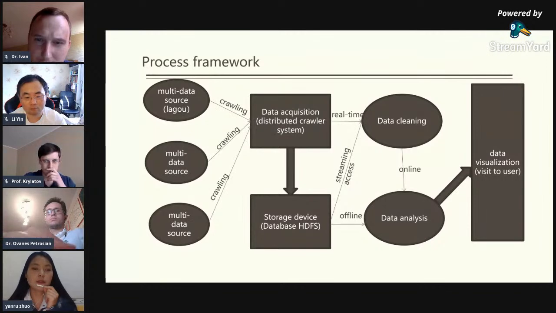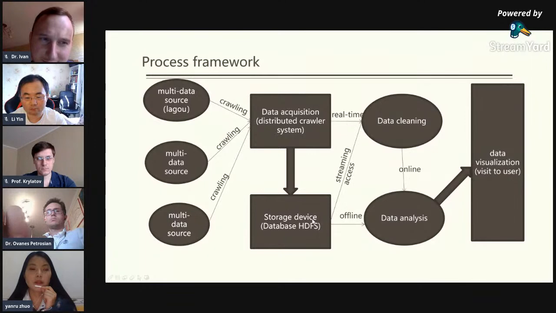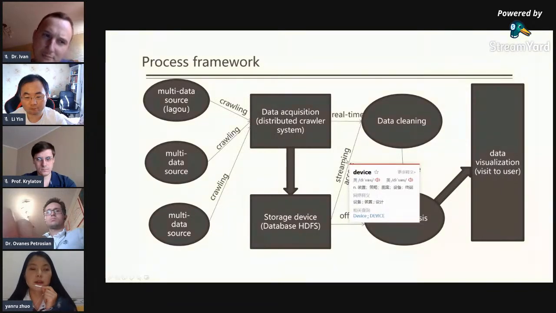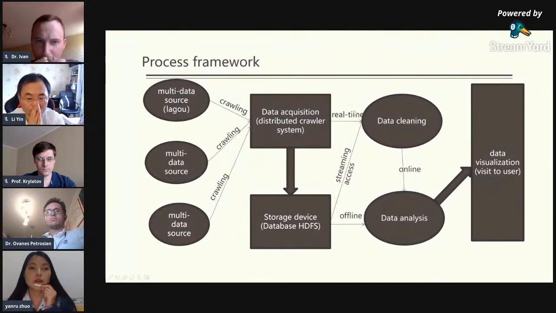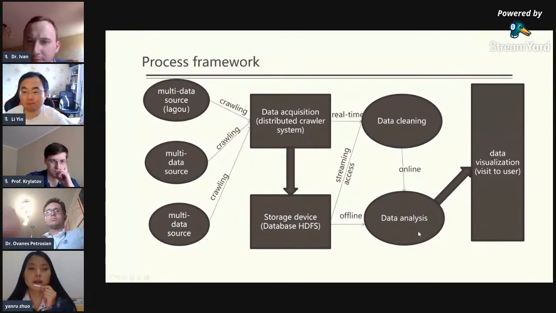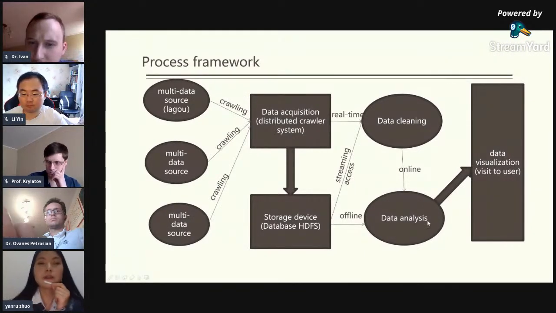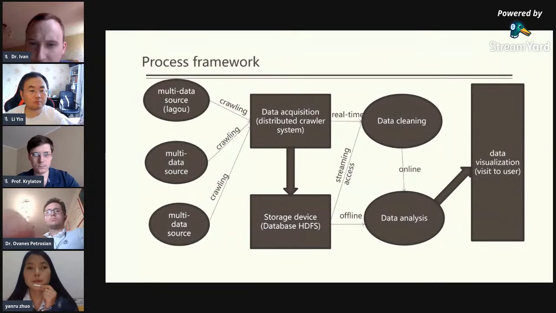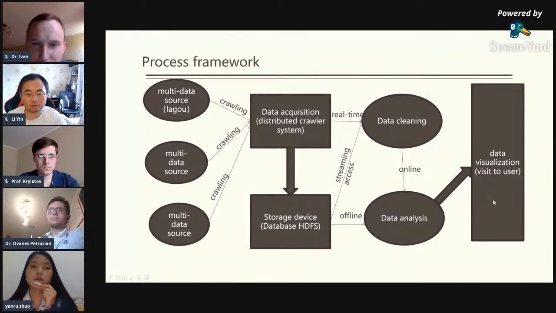Part of the data uses the database, and huge amounts of data use HDFS. HDFS provides streaming access to data in the file system. Data acquisition needs real-time data cleaning and data storage. There are two parts of analysis, online and offline. Results are represented to job seekers in a visual form such as a chart or website.